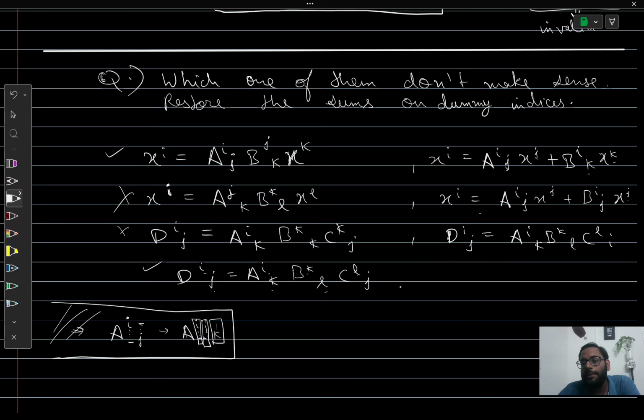You can jump from this equation to this equation by relabeling this k. Here you cannot take x_j common from this expression, but after relabeling you can take x_j common from both terms. So the positioning is correct, and the indices are all correct.